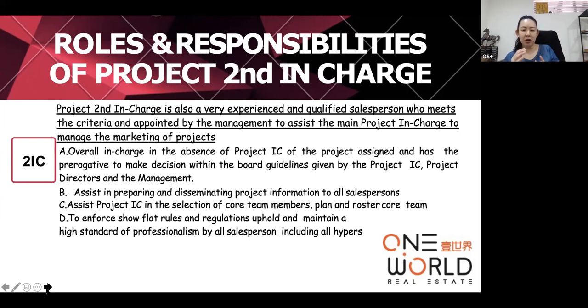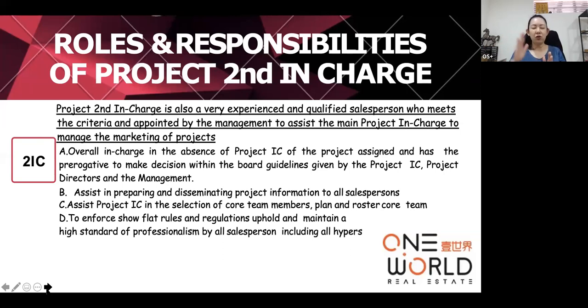Because selection of the team is sometimes about chemistry. So it's very important that as a team you keep thinking and keep inviting agents into the group. Then, when the plan and the duty roster come out, you also need to assist the project IC and enforce the show flat rules and regulations.